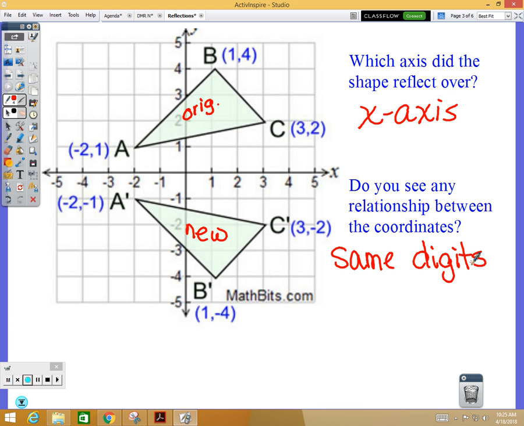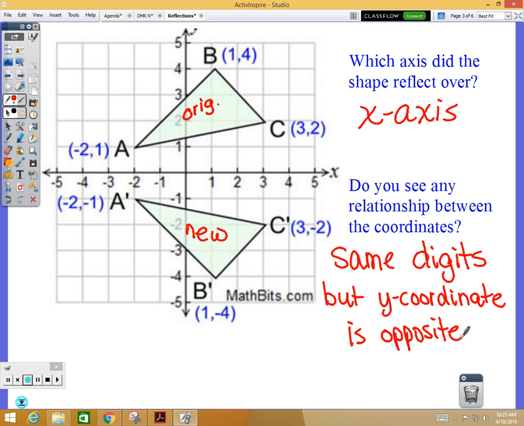So same digits again, but y coordinate is opposite. So your x coordinate stays the same. Again, over the x-axis, x stays the same, y is the opposite. And our last one, over the y-axis, y stays the same, but the x is the opposite.